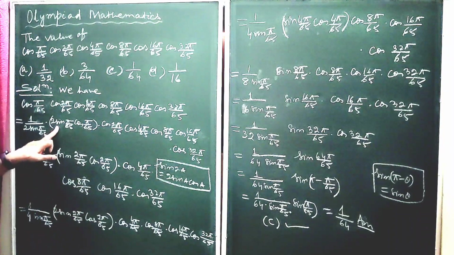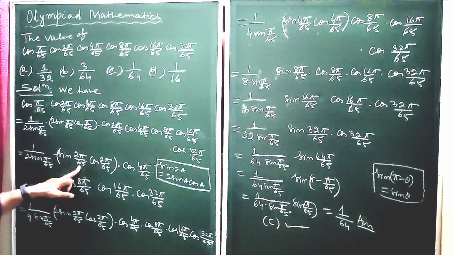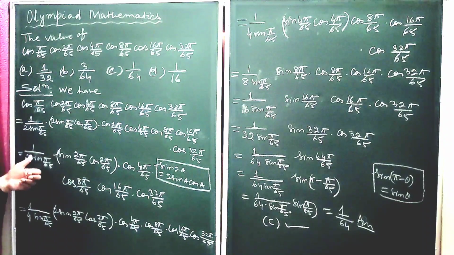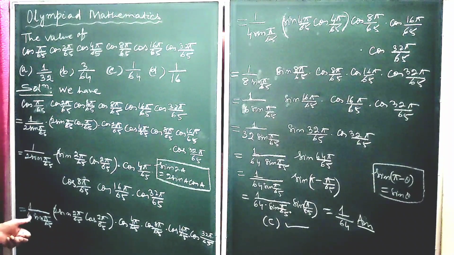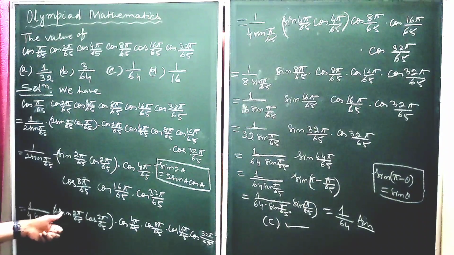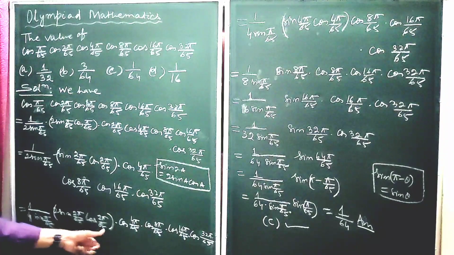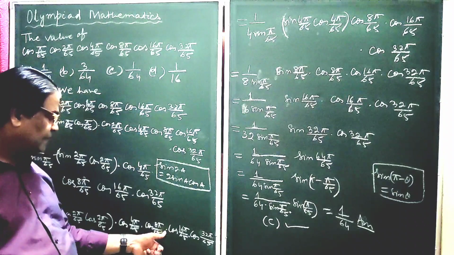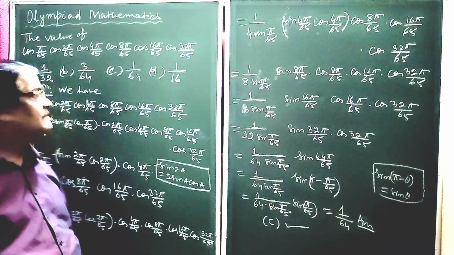So this bracketed expression is sin 2 pi by 65 because 2 sin A cos A is equal to sin 2A. That we have applied. Again we multiply and divide by 2. It becomes 1 by 4 sin pi by 65. This becomes 2 sin 2 pi by 65 cos 2 pi by 65 into cos 4 pi by 65 into cos 8 pi by 65 cos 16 pi by 65 cos 32 pi by 65.